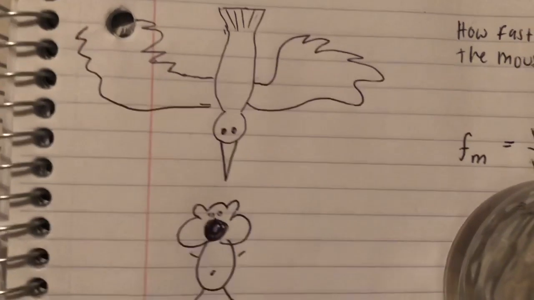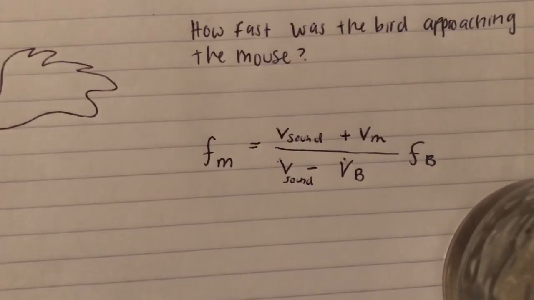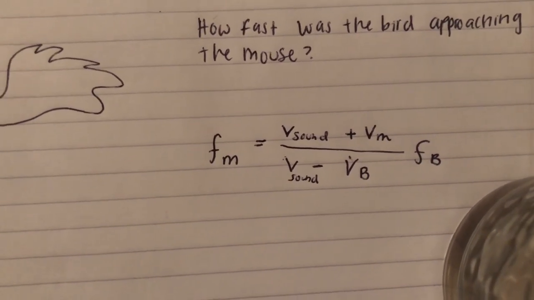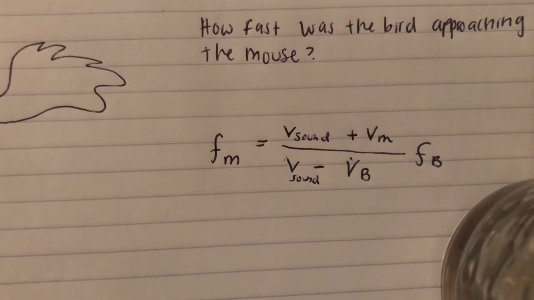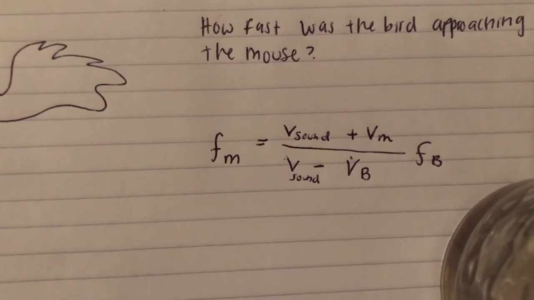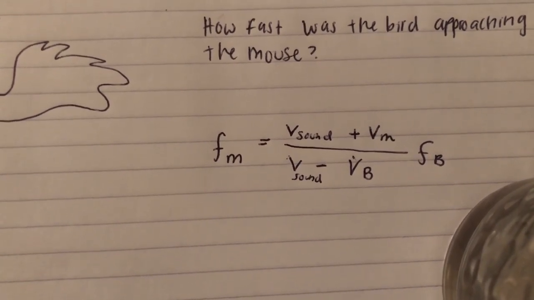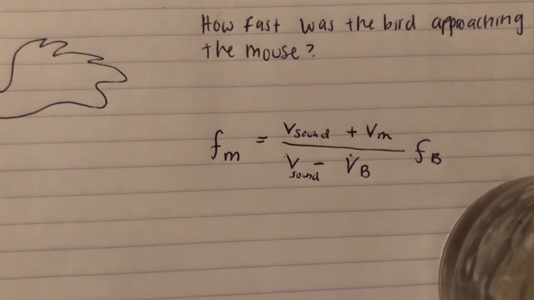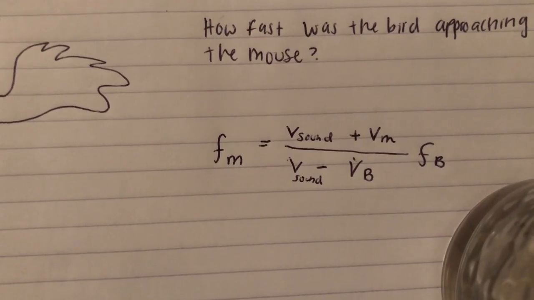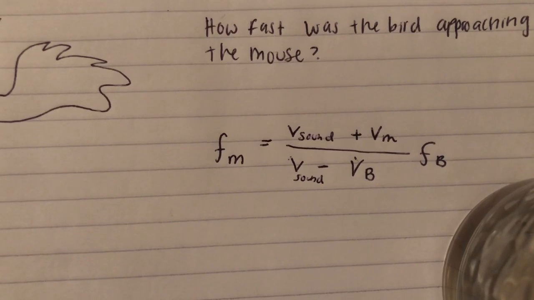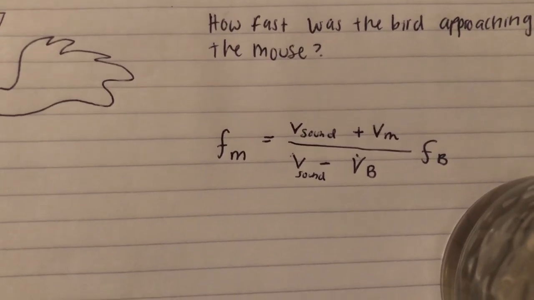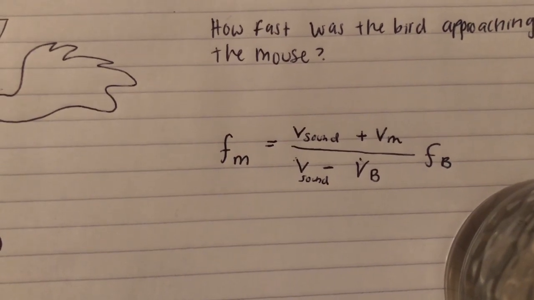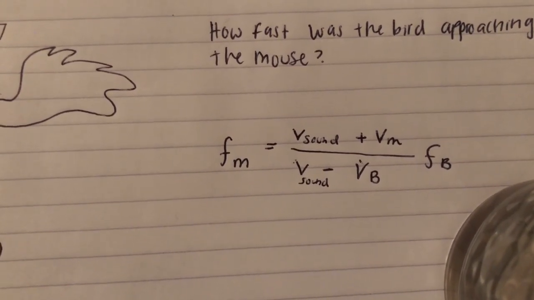So you will be using this equation in particular, where that is the frequency the mouse hears, equal to the velocity of sound plus the velocity of the mouse. In this case, it will be 0 because it is not moving, divided by the velocity of the sound minus the velocity of the bird, which is what we're trying to figure out, and the frequency in which the sound is coming out from the bird.